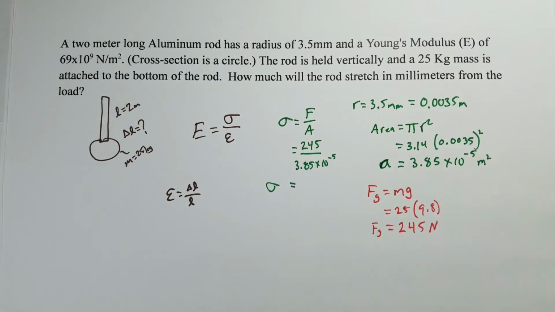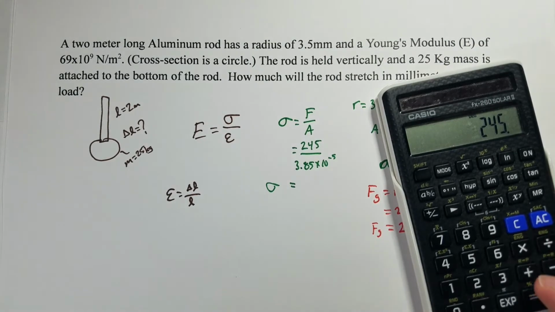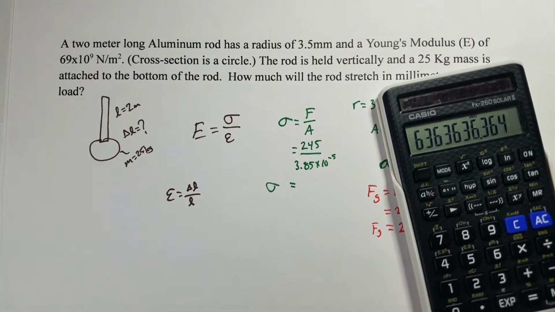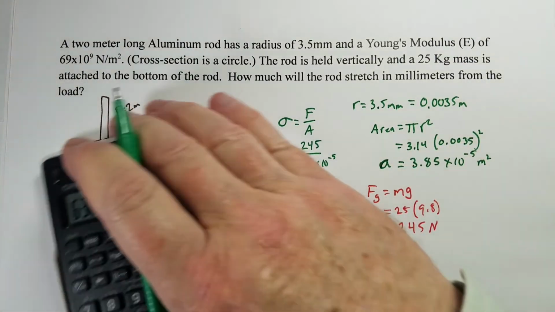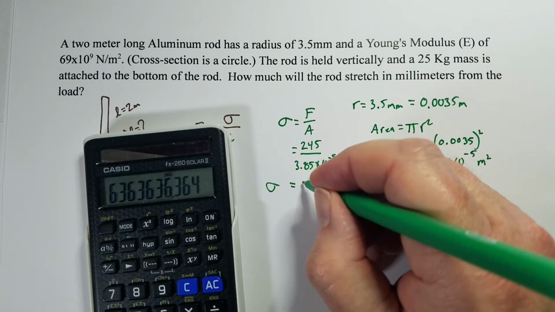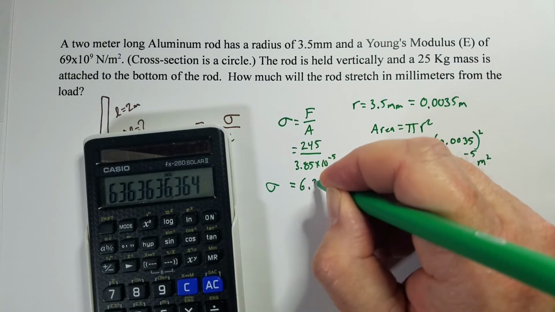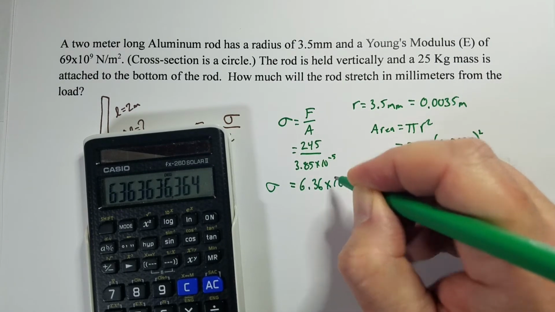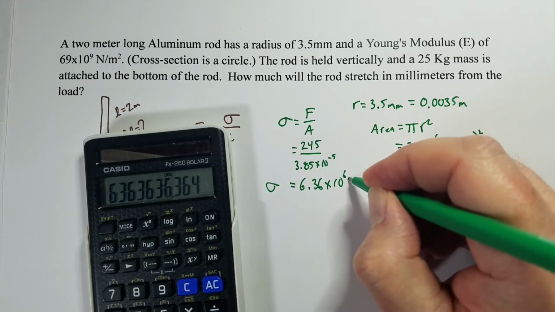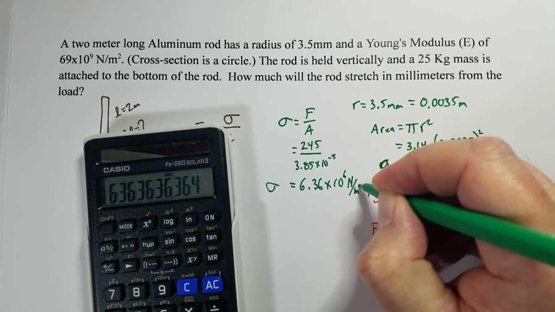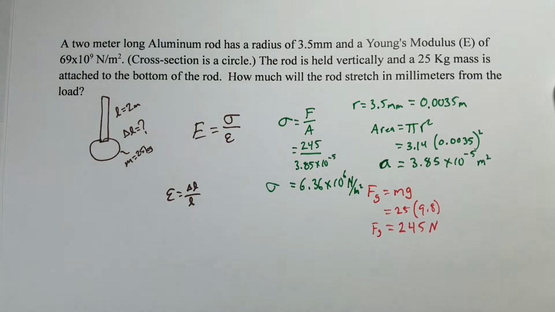And we get sigma to be a really big number. So I'm going to kind of round this off a little bit. 6.36 times 10 to the 6 newtons per meter squared. So that's what sigma is.